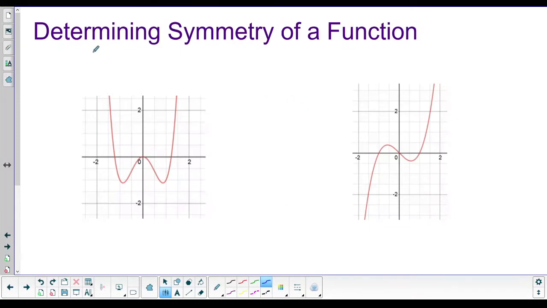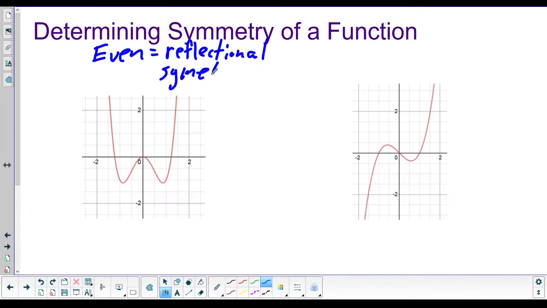For something to be even, it has to have reflectional symmetry. This might not be a real English word, but we're going to pretend it is. I think there might be two M's in symmetry also, but we're going to pretend there's one. You have to have reflectional symmetry across the y-axis.